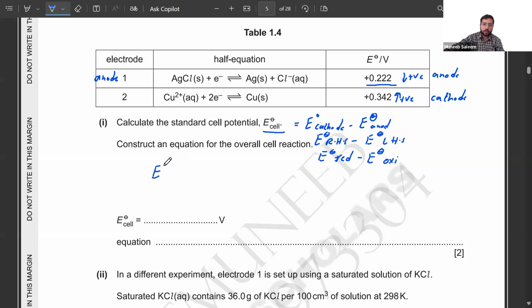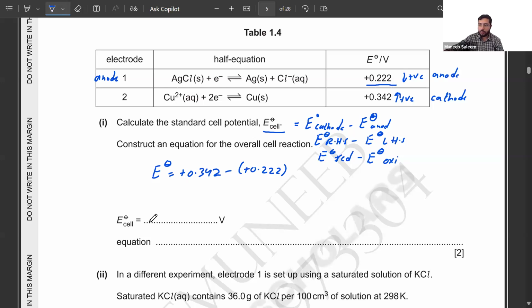E naught of the cathode in this case is plus 0.342, so I will write plus 0.342 over here. And then the value for the anode in this case is plus 0.222, so minus plus 0.222.